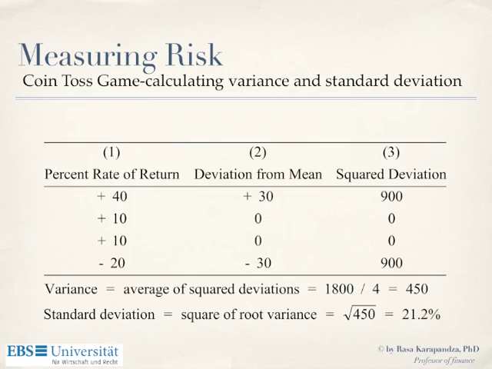But it's pretty simple. You calculate the mean of the return, you calculate the deviation of each observation from its mean, you put these numbers to the square, and these are squared deviations. And now the average among these is the variance, and the square root of it is the standard deviation. It's as simple as that.